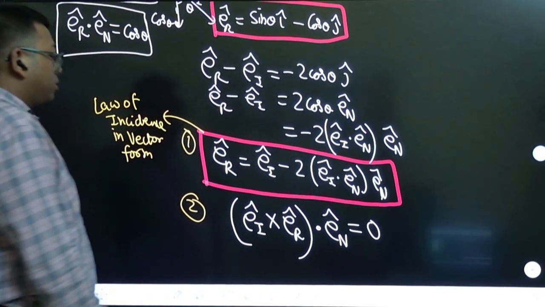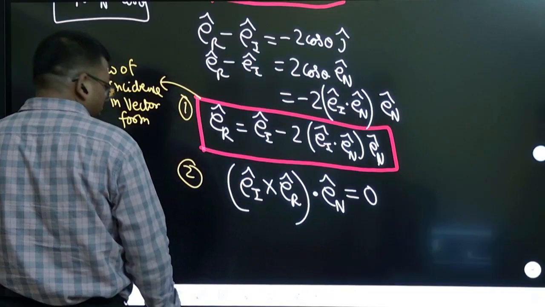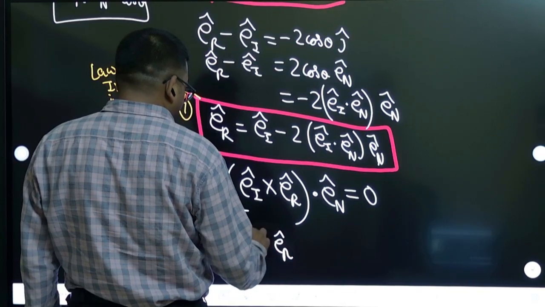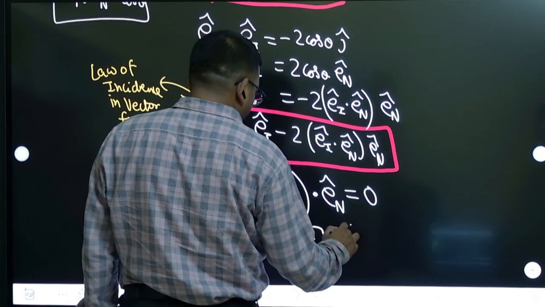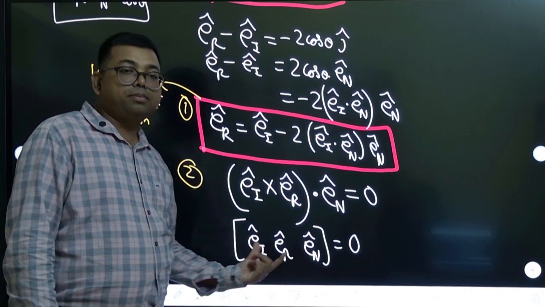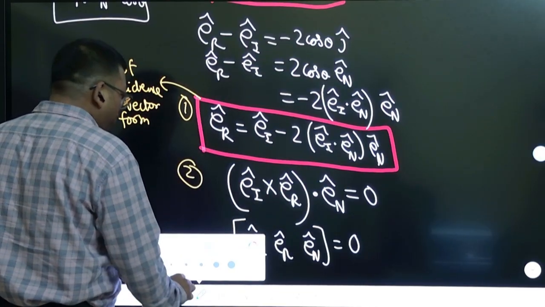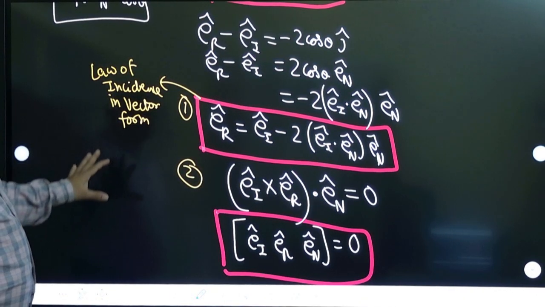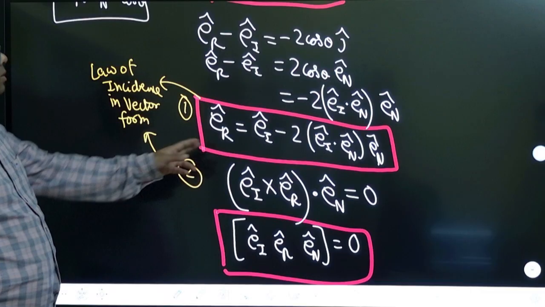Okay, A cross B dot C, or you can write a square bracket like this, EI cap, ER cap, En cap, is equal to 0. This is triple scalar product. Triple scalar product is represented like so. This is the second point in the law. Okay, so total point 1, point 2. This is the law of reflection in vector form. First point, second point.